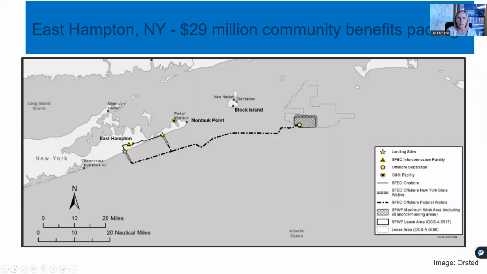This is obviously the South Fork scenario here. I just wanted to mention that in some cases, community benefit agreements or host community agreements are created. This is the example in East Hampton, where a $29 million wind farm benefits package was agreed upon between the developer, Ørsted, and this municipality, in exchange for the easements that allowed Ørsted to develop this proposed project.